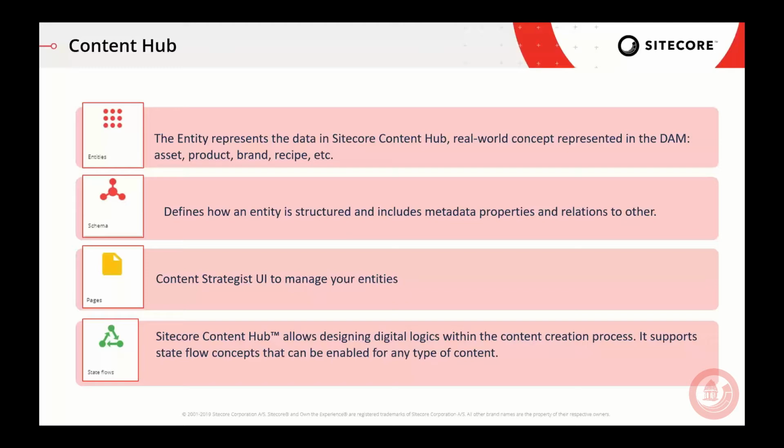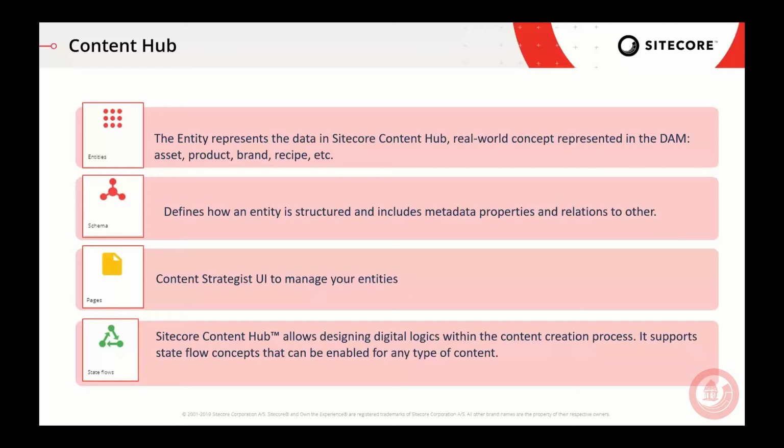So when we talk about entities, the question comes how we can create an entity. Then the word schema comes into play. The schema defines how an entity is structured. That includes the metadata, the properties, the relations, and the taxonomies that need to be defined at the structure level. So schema, or entity definition as we call it, is where the whole thought process of content modeling comes into place.